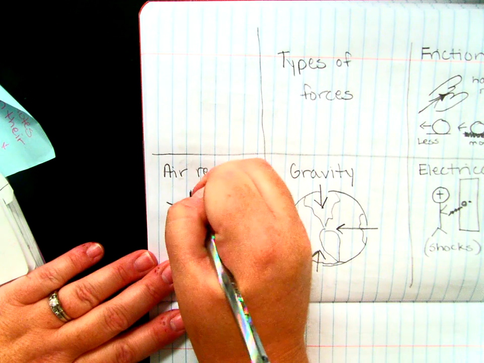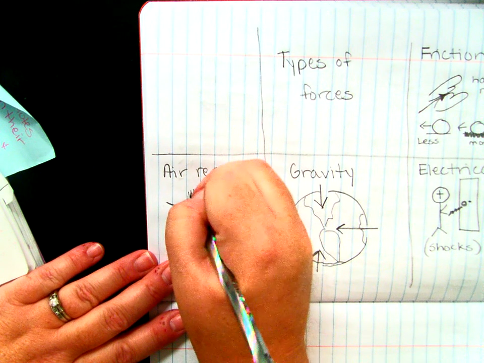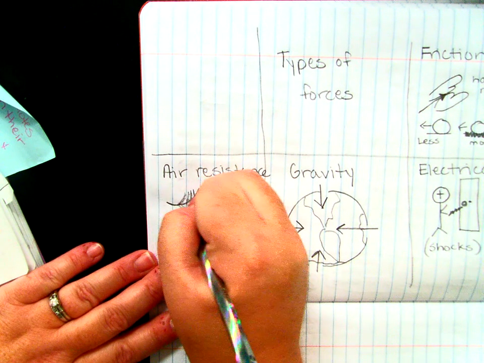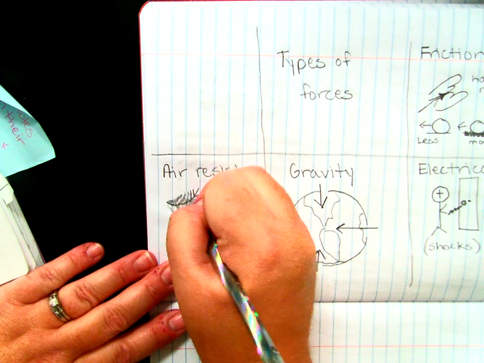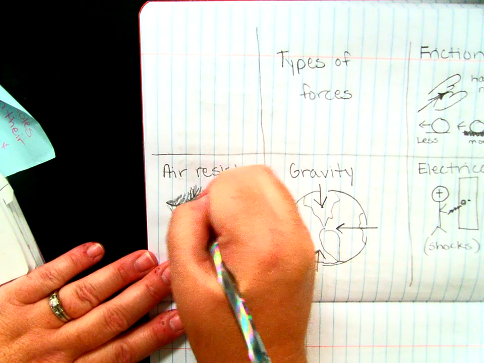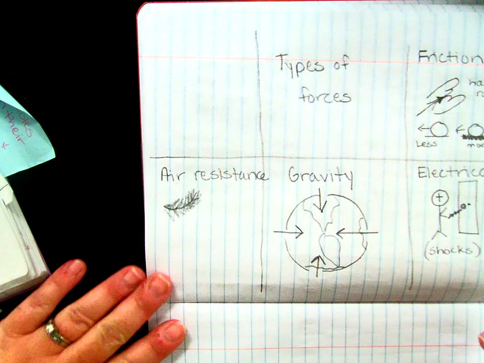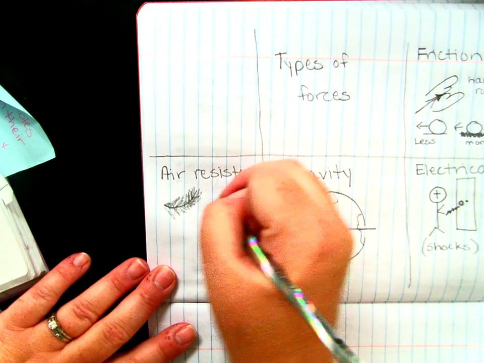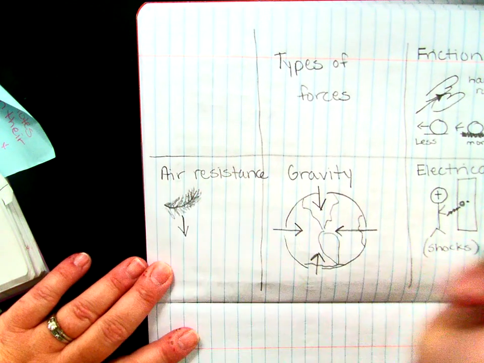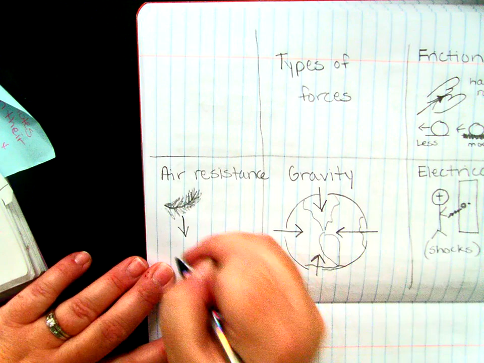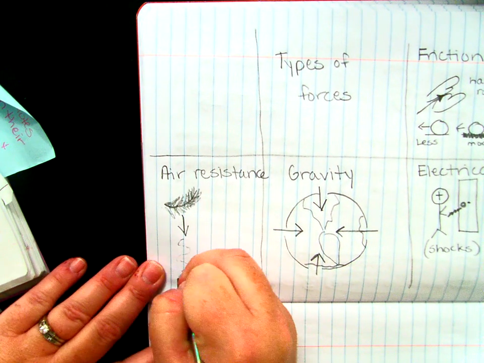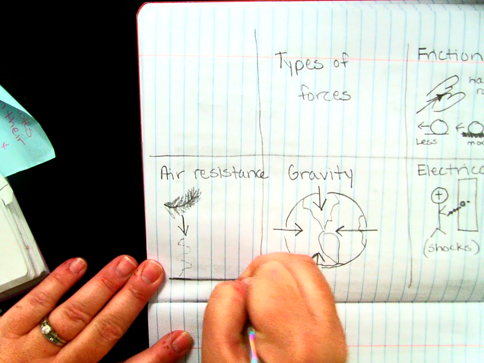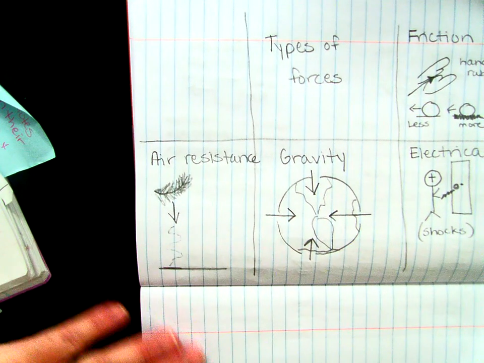Now my feather has all these little soft spikes coming off of it, which means it's going to have more air resistance. And let's say I drop that feather. Well, that feather is going to take forever to hit the ground, because all of these little fluffy pieces are causing air resistance.